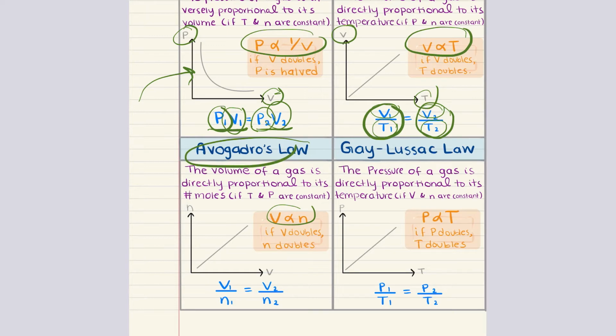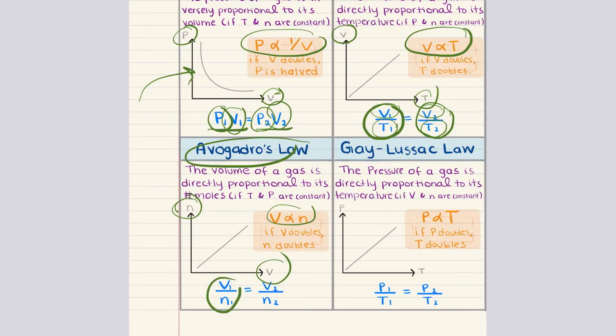And vice versa. If volume increases, number of moles of gas increases. And this linear relationship can be plotted as a straight line on a graph of moles of gas versus volume.